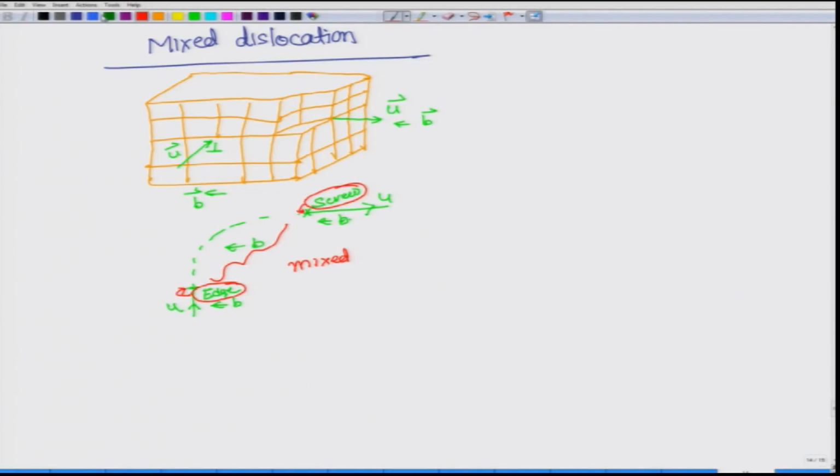Another aspect before we move on, to understand about the Burgers vector, is that you have seen that so far the Burgers vector is equal to the lattice translation vector. A dislocation with Burgers vector equal to the lattice translation vector is called a perfect or unit dislocation.